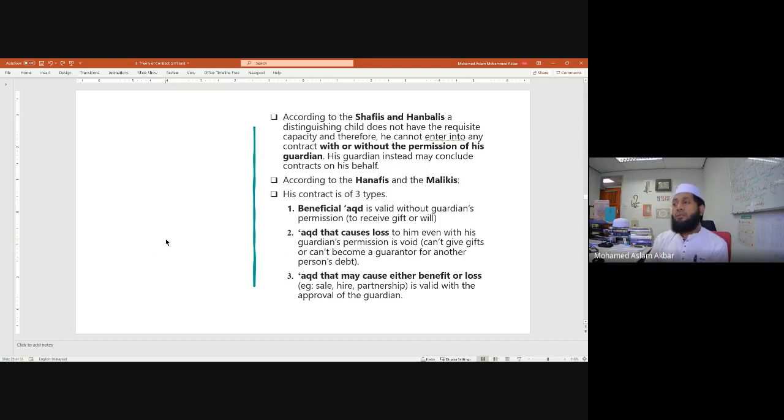According to Shafi and Hanbali, a distinguishing child does not have the requisite capacity, and therefore he cannot enter into any contract with or without the permission of his guardian. His guardian instead may conclude contracts on his behalf.